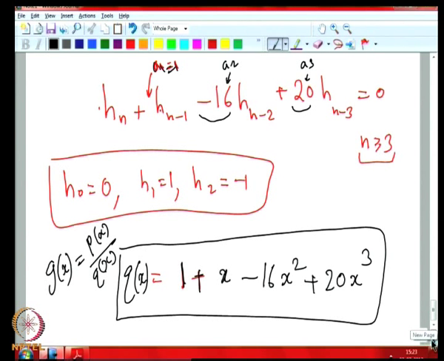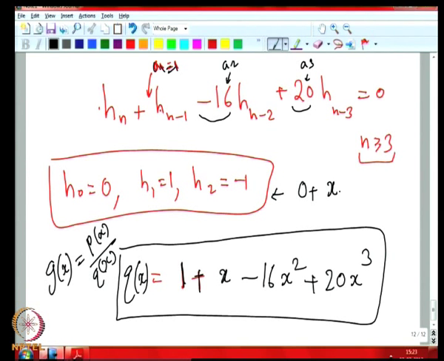And on the other side, first h0, that is 0, plus h1 plus h0 into a1, which is just h1 x, that is x.